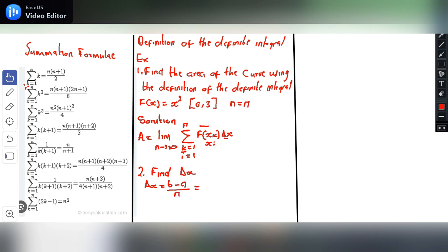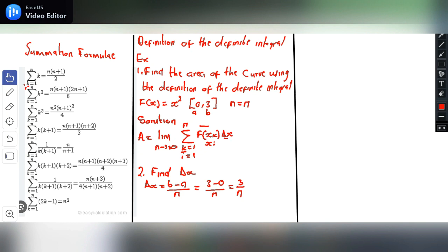This is the formula of finding delta x. What is b? Remember these points here, this one represent a and then this one represent b always. So our b is 3 and then our a is 0, all over n. So meaning our delta x is equals to 3 over n, right?